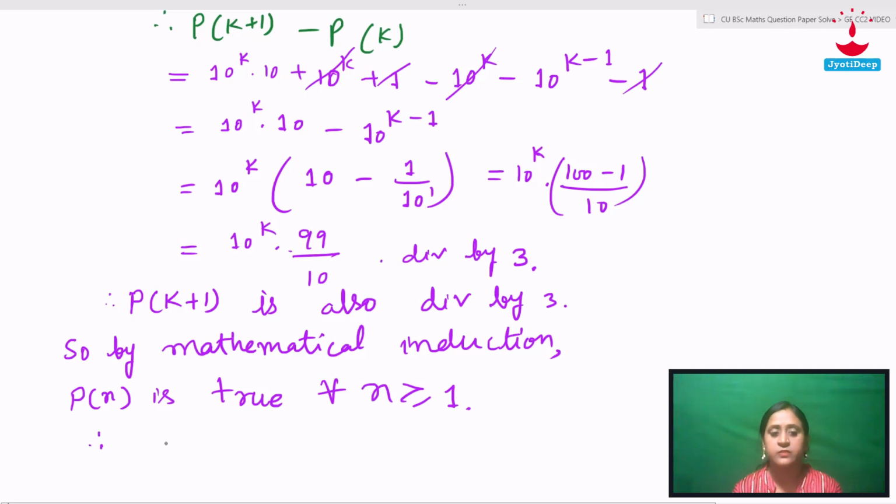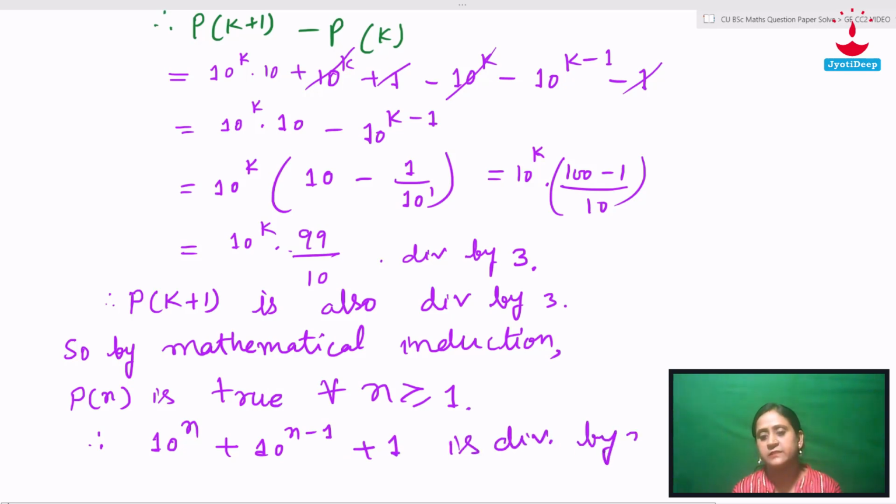So 10 to the power n plus 10 to the power n minus 1 plus 1 is divisible by 3 for all n greater than equals to 1. Proved. Okay?